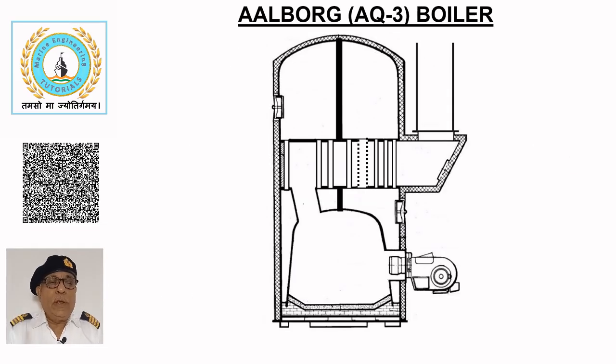Aalborg AQ-3 boiler. This boiler was developed by Alfa Laval Aalborg, Denmark during the middle of the 20th century. It is a tank type auxiliary boiler with vertical layout used for low capacity and low pressure applications on motor ships.